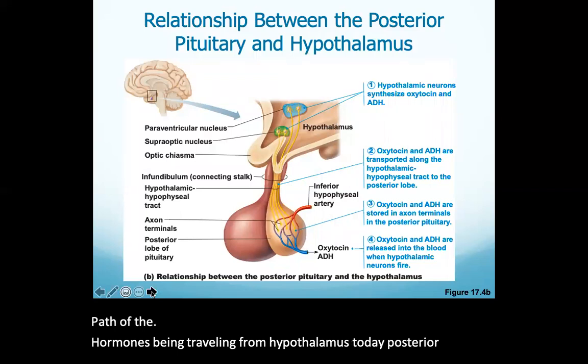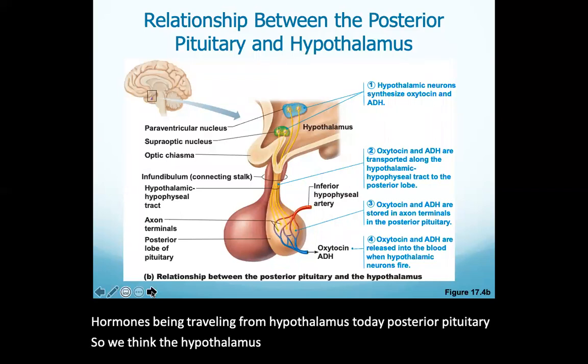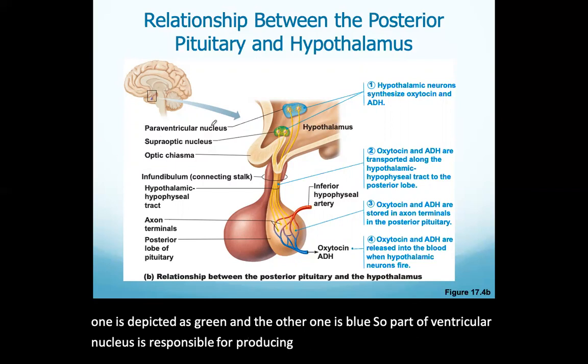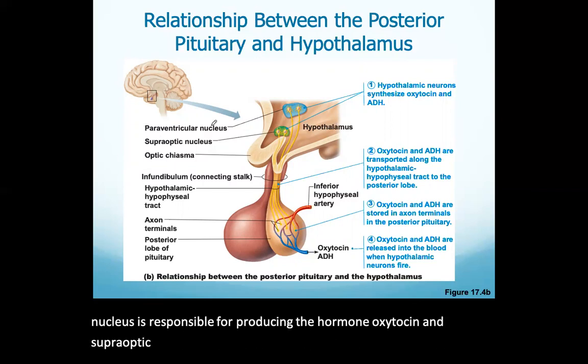Within the hypothalamus, we have these two nuclei. In this picture, one is depicted as green and the other one as blue. The paraventricular nucleus is responsible for producing the hormone oxytocin, and the supraoptic nucleus is responsible for production of ADH or vasopressin.